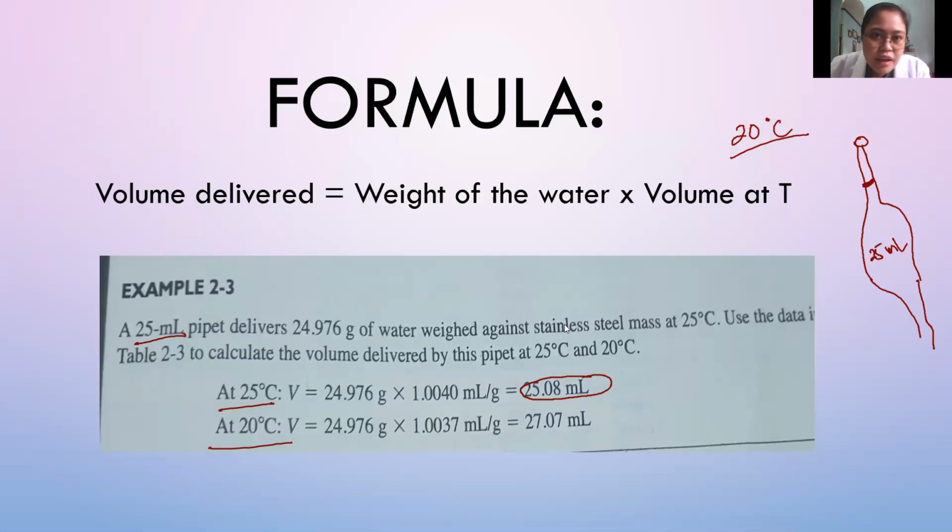So at 20 degrees Celsius, the total volume it dispenses, you just multiply the two, and you will get 27.07 ml. So that's how you calibrate your pipette.